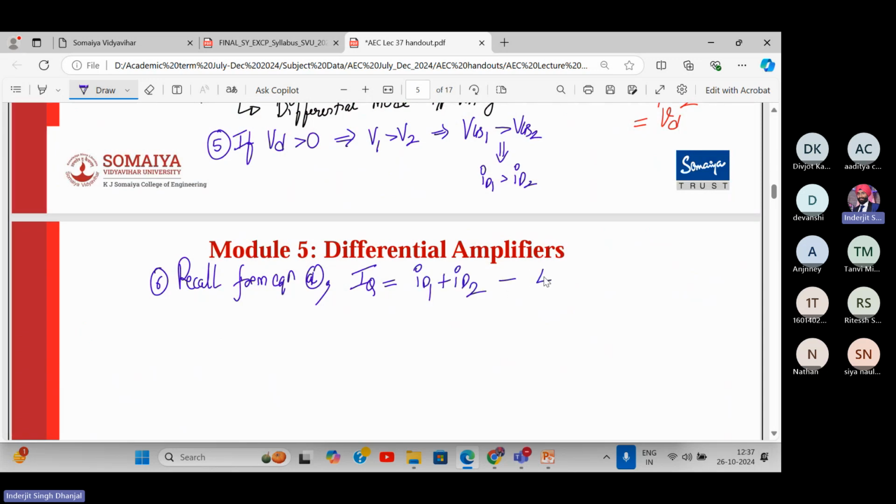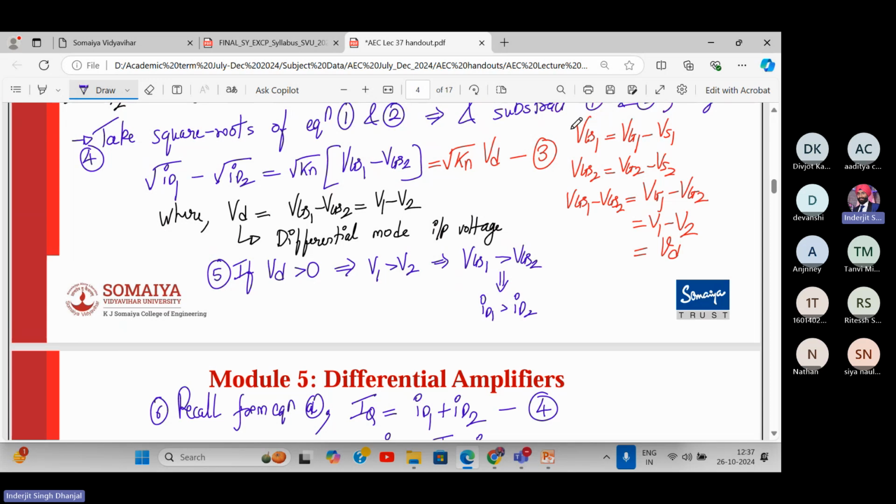Correct. This we call equation number 4. Okay. So how much is ID2 from here? It will be IQ minus ID1. Yes or no? Correct.